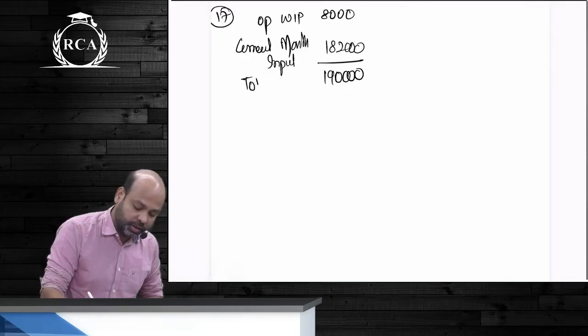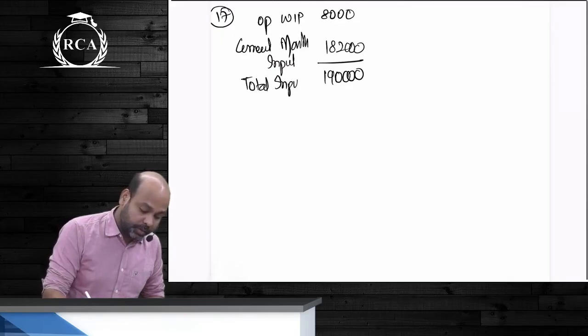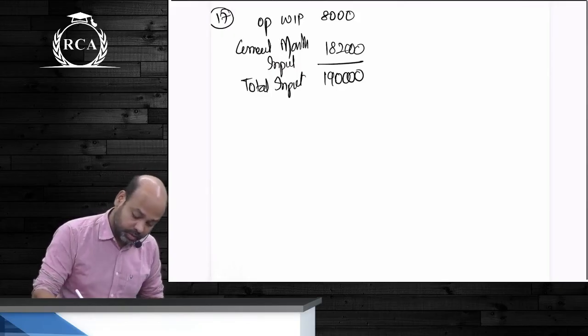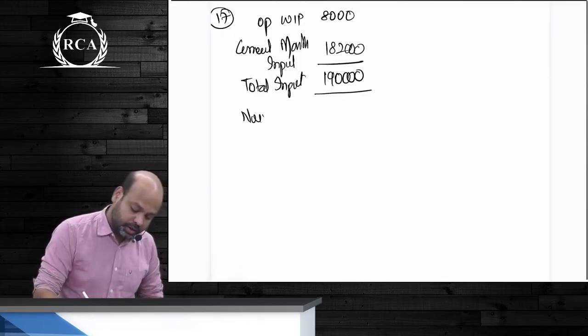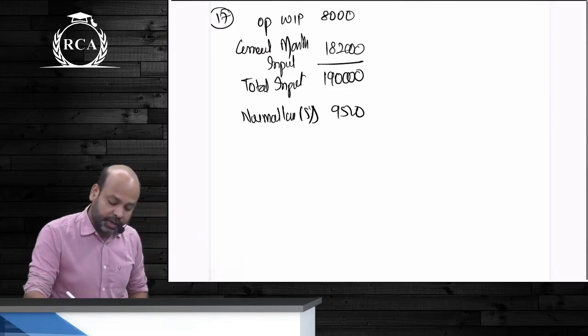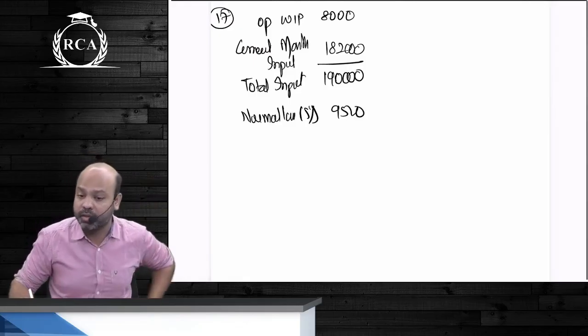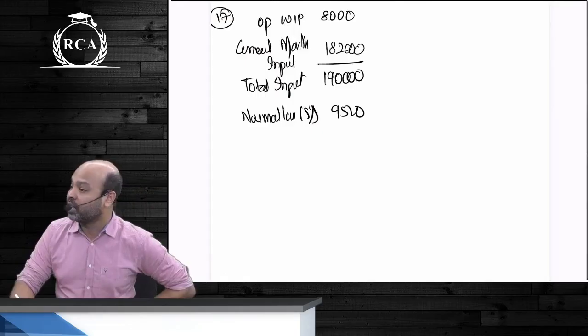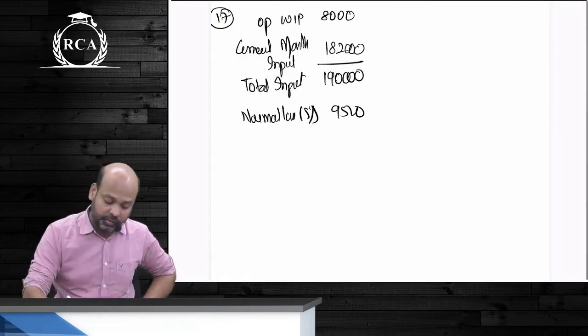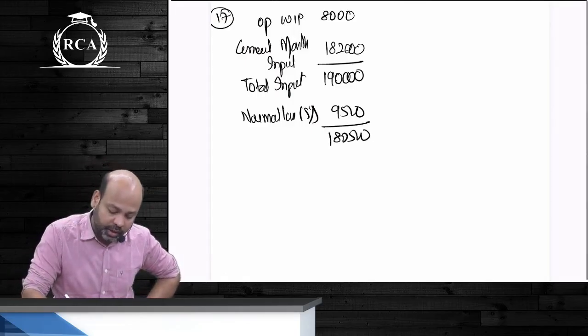This is total input. In total input, normal loss should be how much? Normal loss, beta, should be 5%, and that is 9,500. You can directly compare this with units scrapped and write the amount of abnormal loss, 4,500 units. The question says units scrapped are 14,000 units. Alternatively, you can write like how we did in all the other questions, 1,80,500.